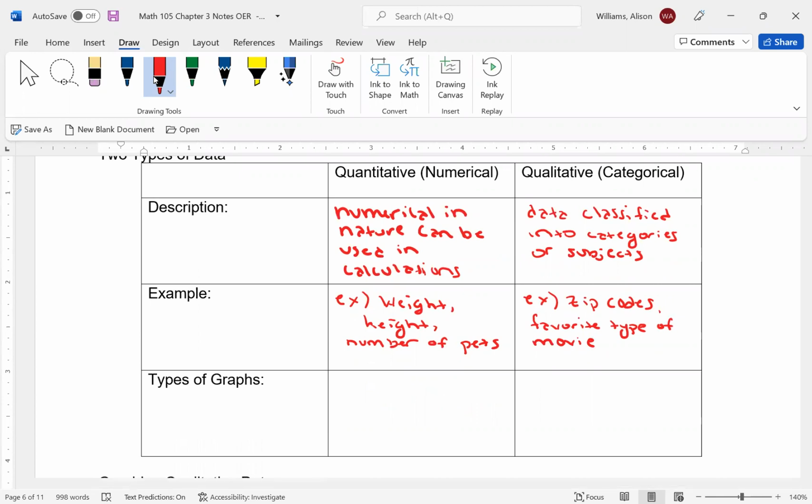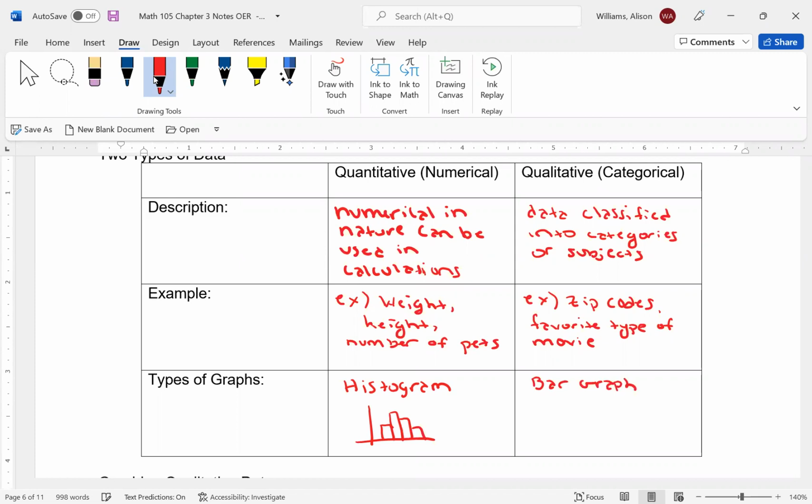For quantitative data, we use histograms. There we go, histogram. And a histogram, just a little rough sketch, is the one with the rectangles that touch. But for qualitative, we use a bar graph.